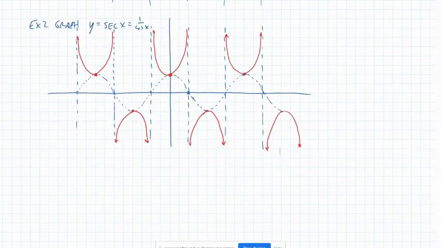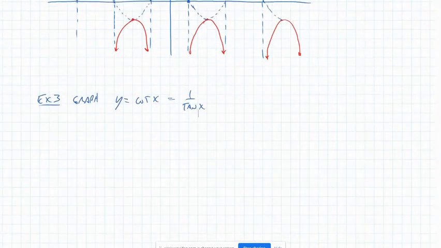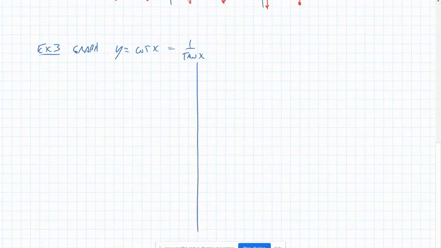Okay, and then our last graph today is going to be the graph of cotangent. And cotangent, remember, is the reciprocal of tangent. So you might remember a while back we learned how to graph tangent.